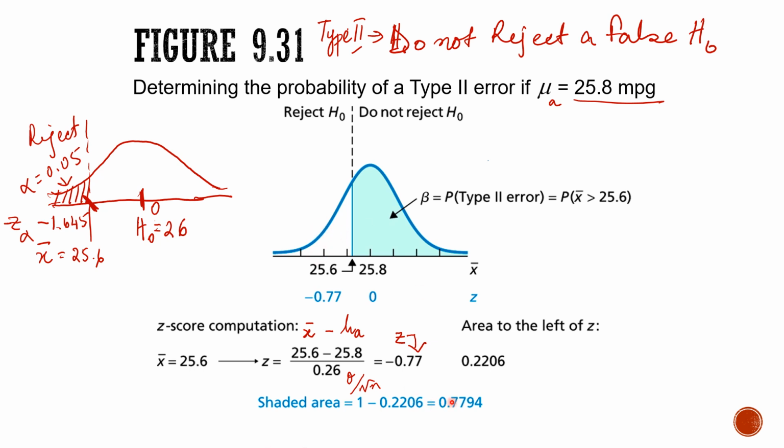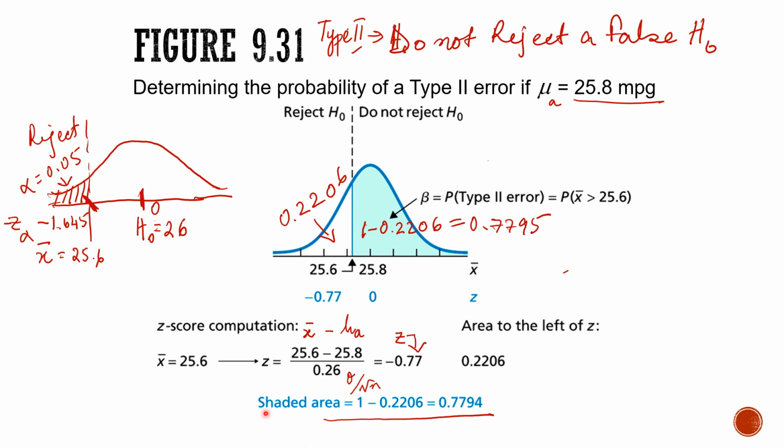So to find the area to the right, you first need to find the area to the left from your table, and that area, it says area to the left of Z, is 0.2206, right? So let me write that here. This area is 0.2206. So the area to its right will be 1 minus 0.2206, which is equal to what they have here, 0.7794.